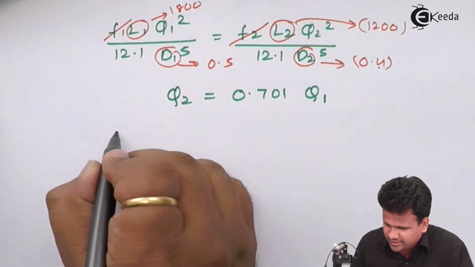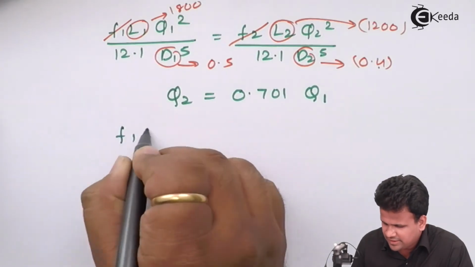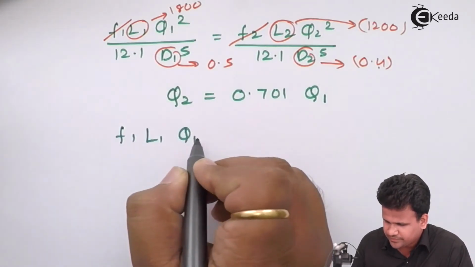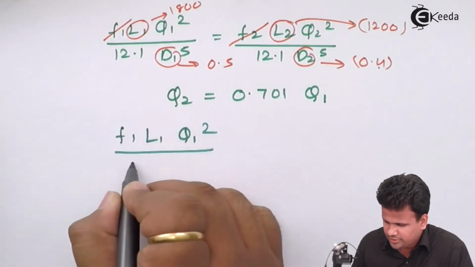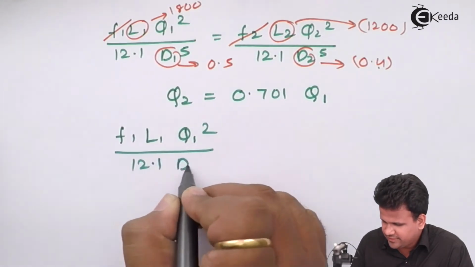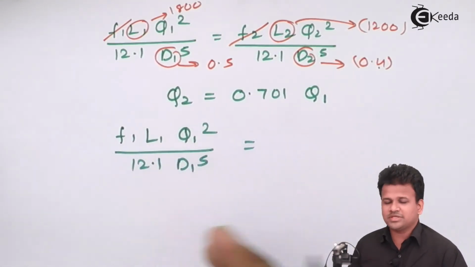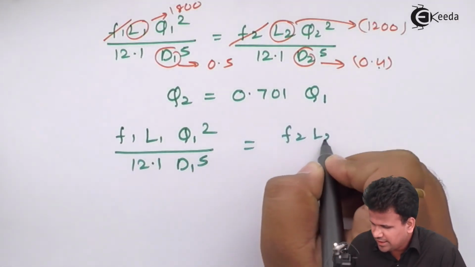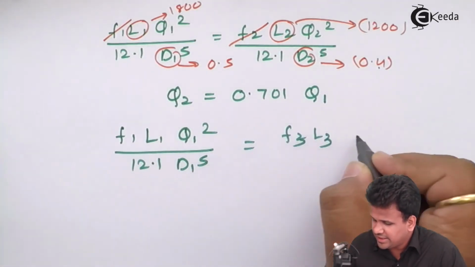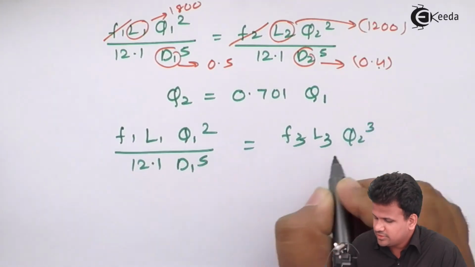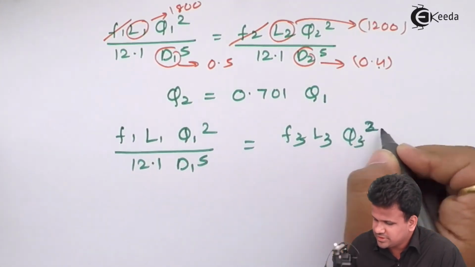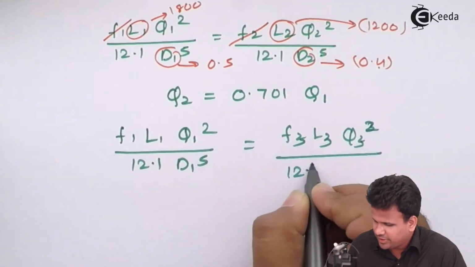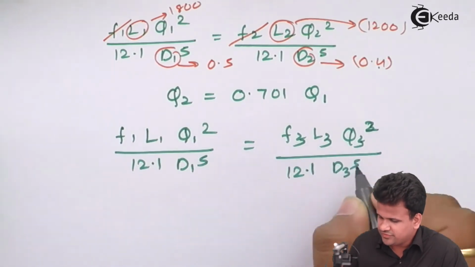Similarly, we can write f1 L1 Q1 squared upon 12.1 D1 raised to 5 and equate it with the third part of the equation, f3 L3 Q3 squared upon 12.1 D3 raised to 5.